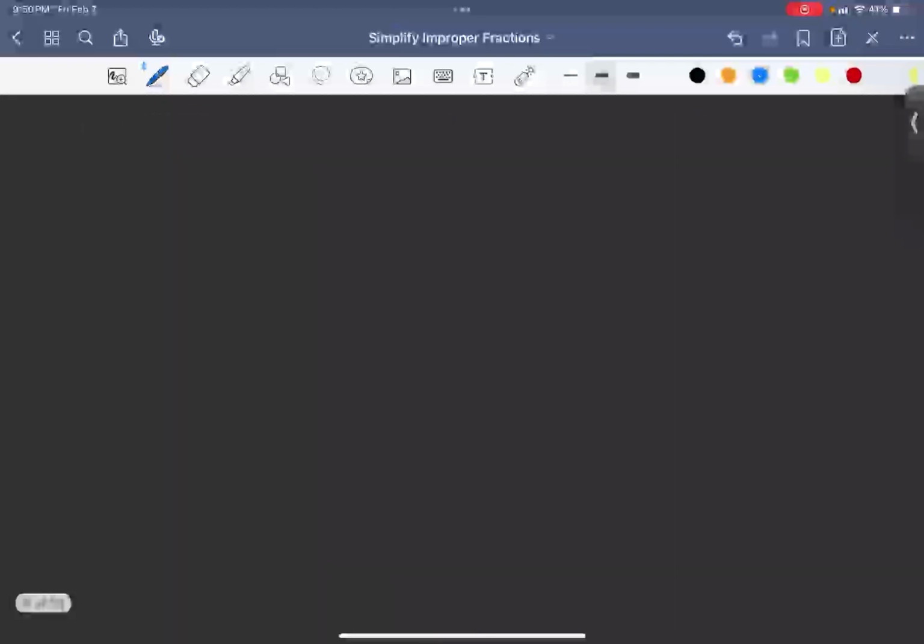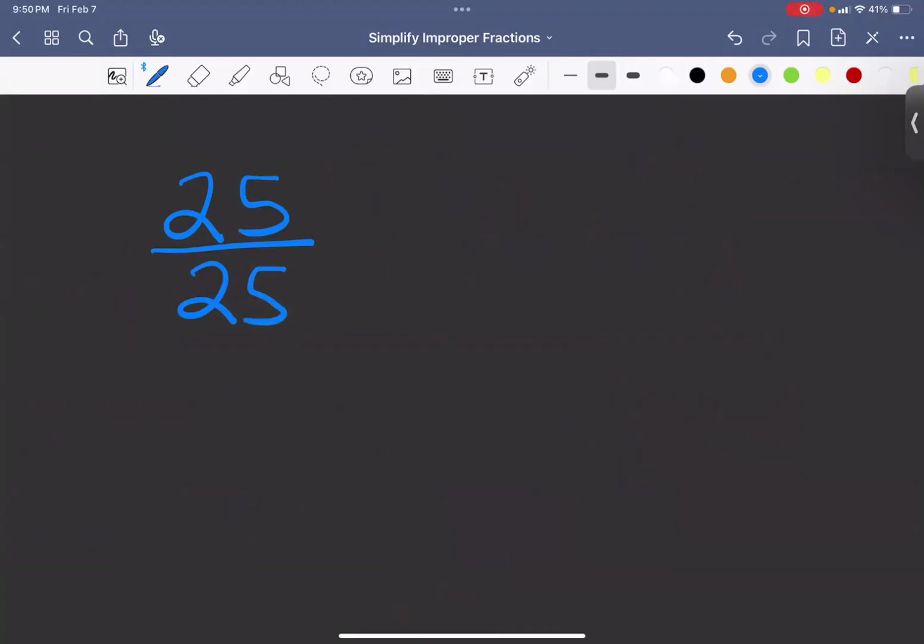And the final one, let's say we had 25 over 25. Well, that's not an improper fraction because the numerator and denominator are equal. So the answer would be 1. But let's say we had 25 over 10.